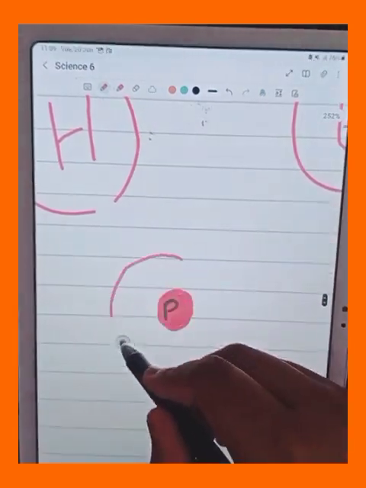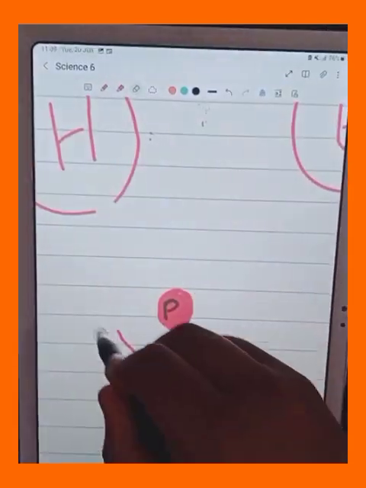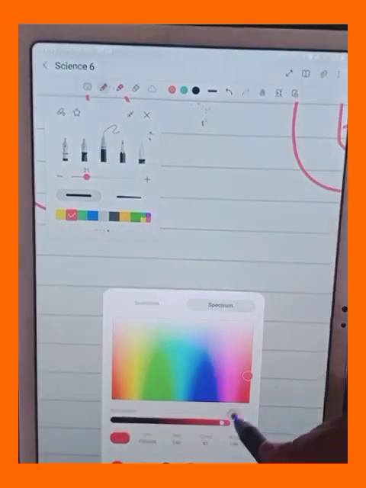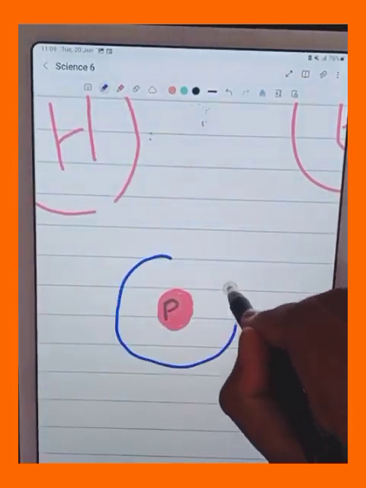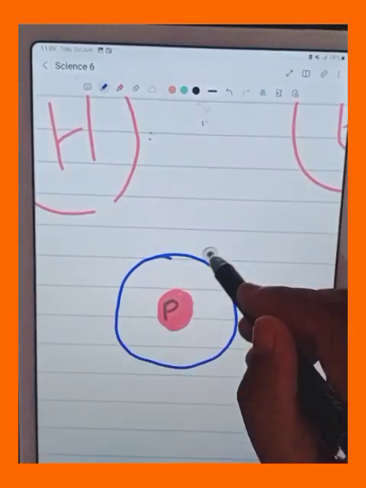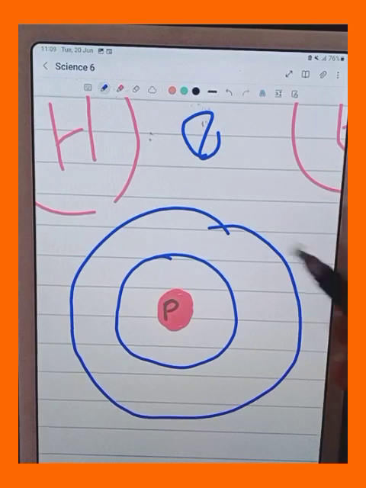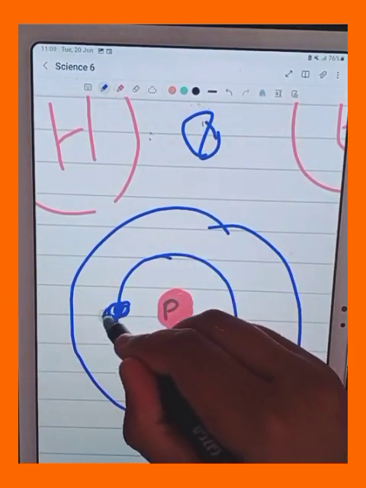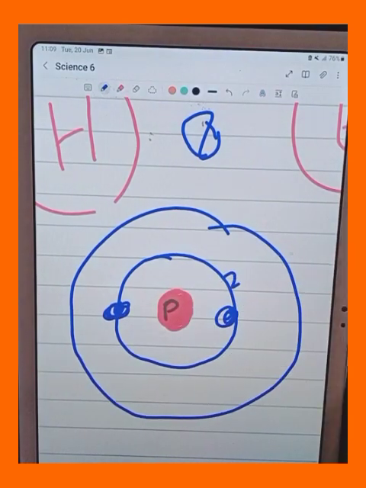The electron just moves. Let me change my pen color to dark. Like this. So this is a line. There are 2 layers. So in oxygen there are 8 electrons. 2 come in the first stage, so the first stage of oxygen is completed.